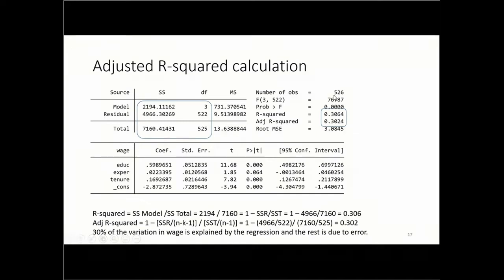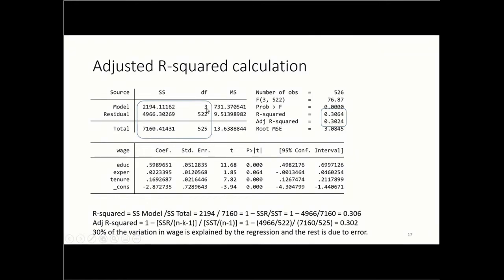So n minus 1 will be 525. This is what I've put here. And n minus 1 minus k would be 526 minus 3 independent variables minus 1, and that would be the 522. You can find these two numbers here, and this 525 is the number here.